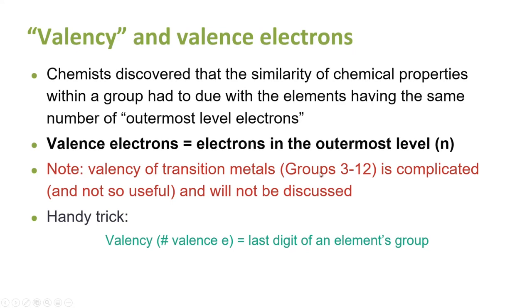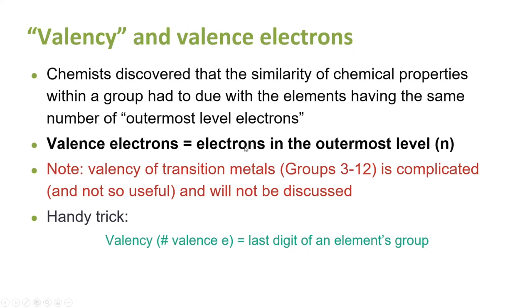The valency of transition metals is a little bit complex because even though the d electrons will be in a lower N level, we've already discussed a little bit about penetration, and we're going to discuss shielding. It gets complex because the reason we care about valence electrons is that it tells us about chemical behavior.